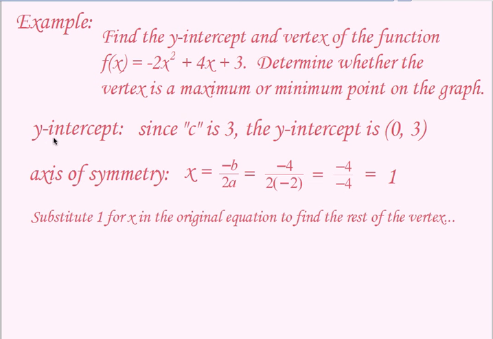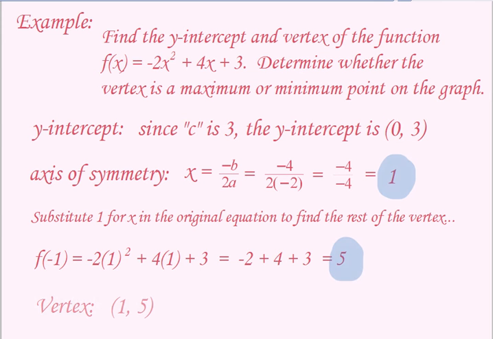Now I can substitute 1 into my original equation for x to help me find the rest of my vertex. I already have the x value of my vertex, but now I need the y value. When I plug 1 in for x, I get negative 2 plus 4 plus 3, and that gives me a value of 5. So my vertex is at 1, 5.